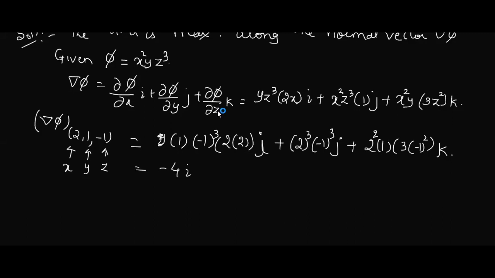Ma'am, it's 2 square. Yeah, 2 square is 4, but we have a minus here, right? What will we get for this now? Next, it is minus 4j.